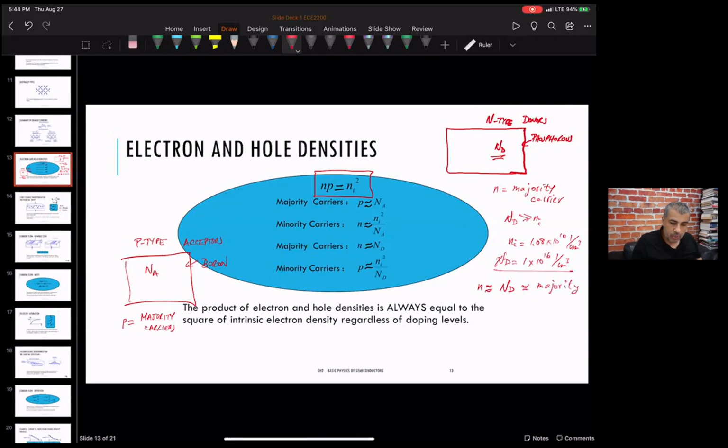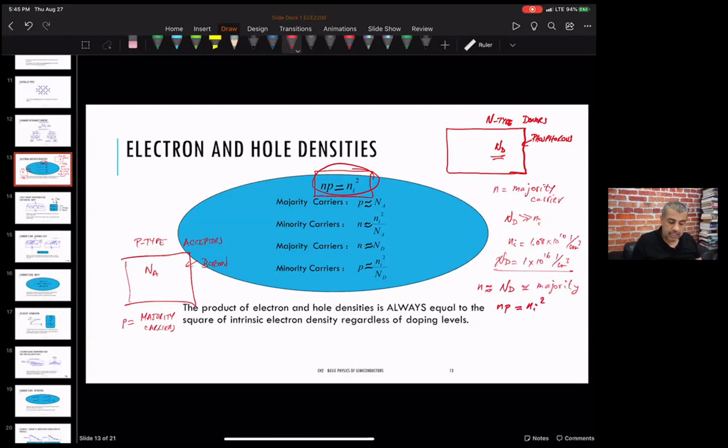The nice thing about that is we know the doping concentration because the manufacturer, or ourselves, doped it a certain way. So we know what the majority carrier concentration is in that piece of N silicon. And because we have this magic equation, we know that n times p is n sub i squared always.